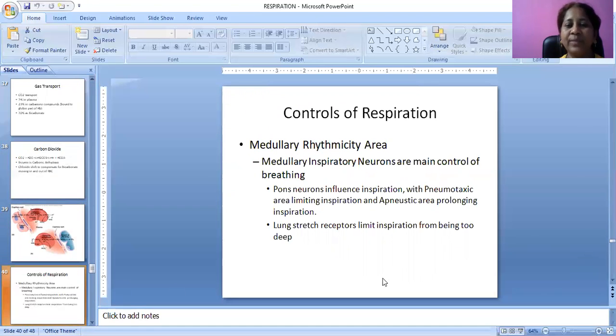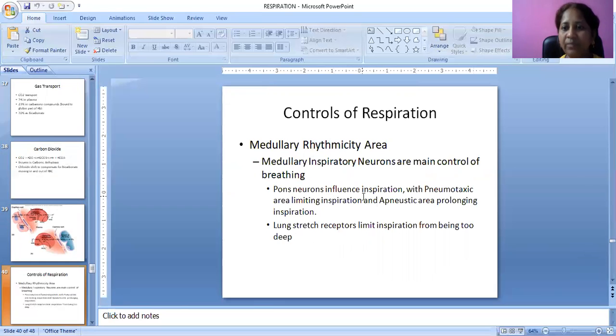Controls of respiration. Respiration is controlled by the medulla, the medullary rhythmicity area. Medullary inspiratory neurons are the main control of breathing.